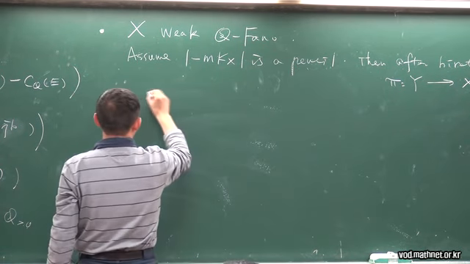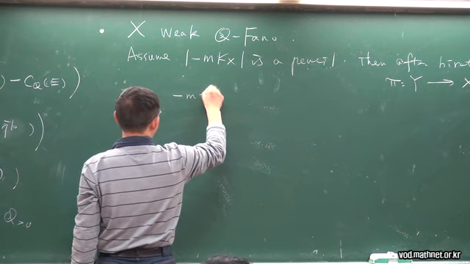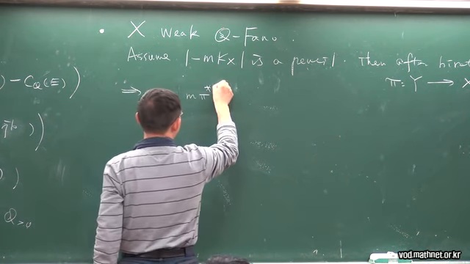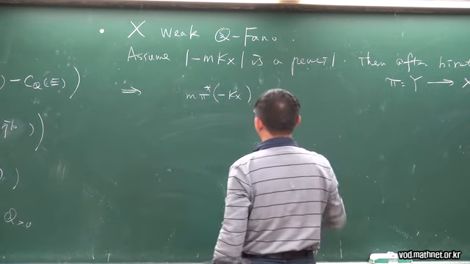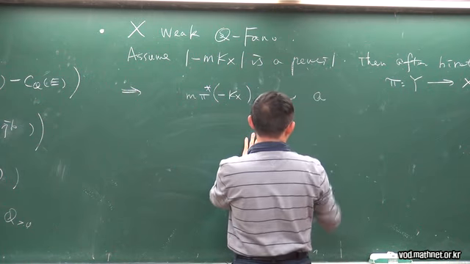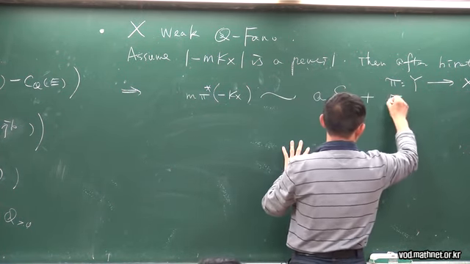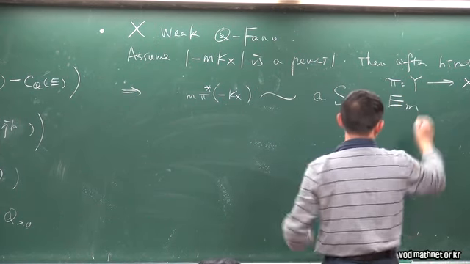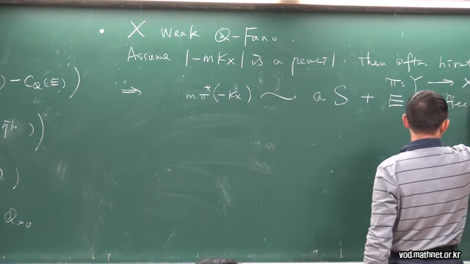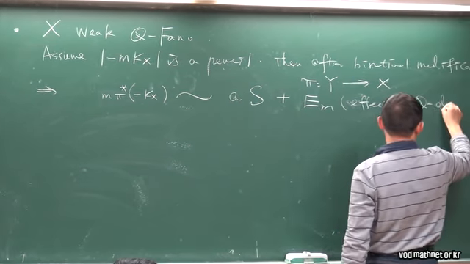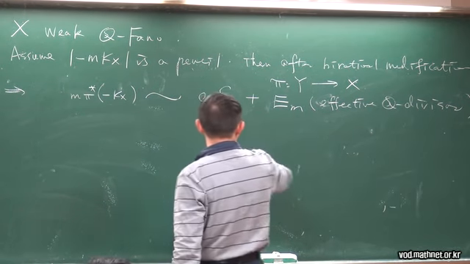Then we have minus m pi upper star minus Kx, which is S plus the fixed part. So this is an effective Q-divisor.